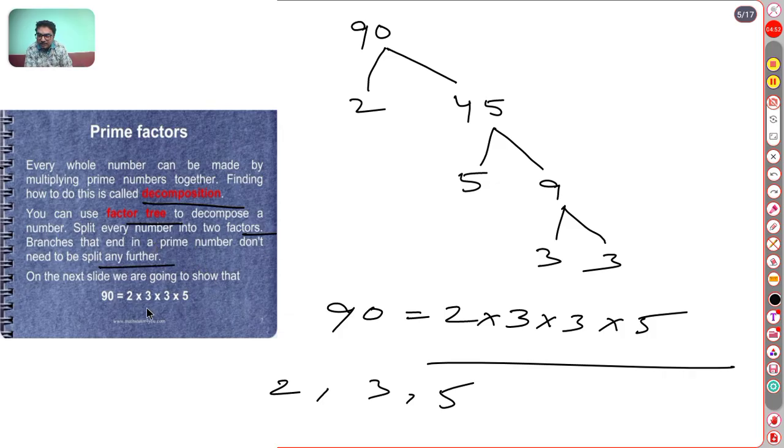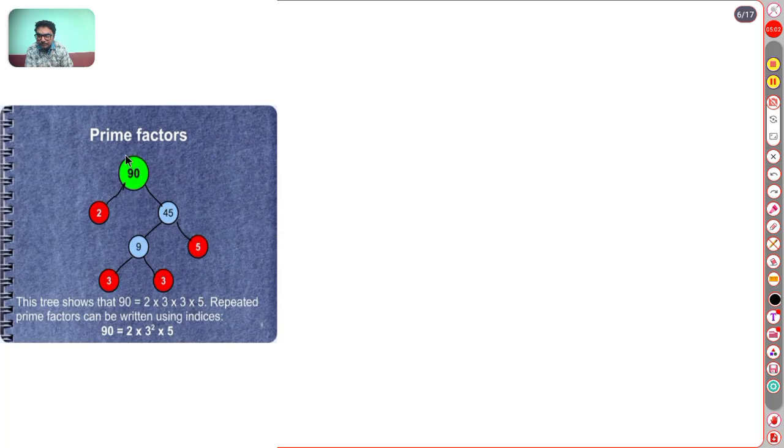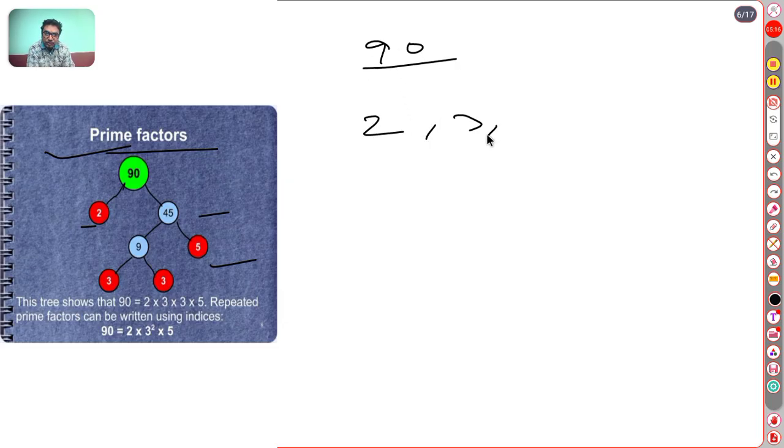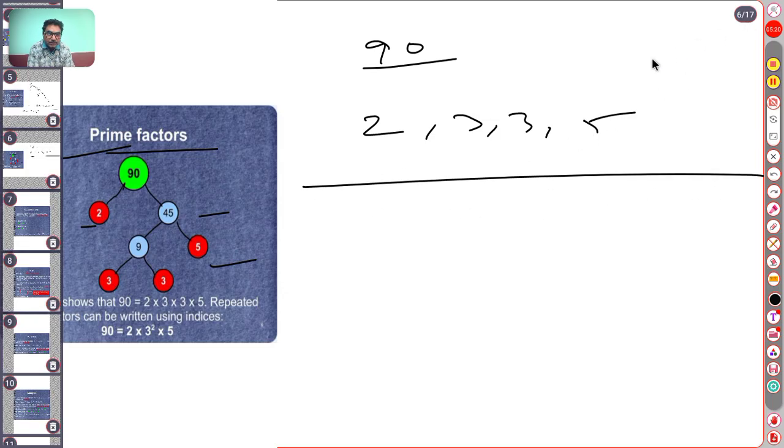So 90 equals 2 multiplied by 3 multiplied by 3 multiplied by 5. The prime factors of 90 are 2, 3 and 5. Okay, now go to the next page.